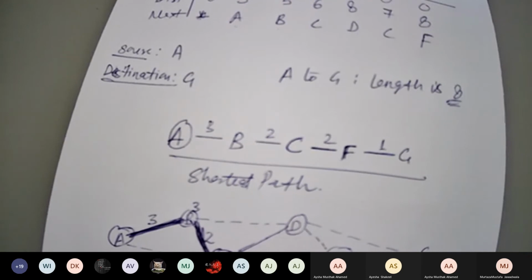So this is the difference. That's why there is a basic difference between Prim's and Dijkstra's algorithm. That's why I told you in Prim's we talk about cost, but in Dijkstra we talk about length. So hope it is clear to everybody.